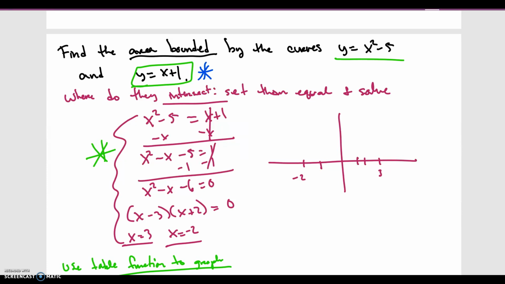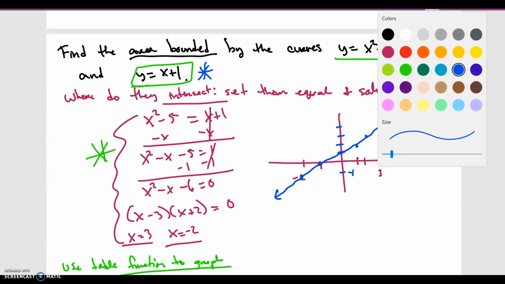I'm going to start off at 1, and then go up 1 over 1, up 1 over 1, and continue. Then going downward, here's the -1. So my graph is going to look something like this. Or you can use a table function and plot different points.